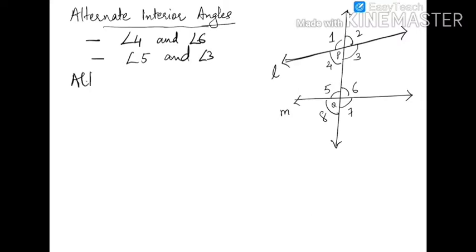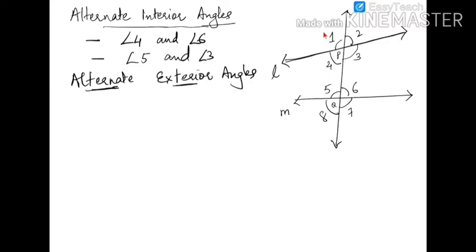Likewise, we have alternate exterior angles. Angles that lie on the opposite side of the transversal but in the exterior region, that is angle 1 and angle 7.